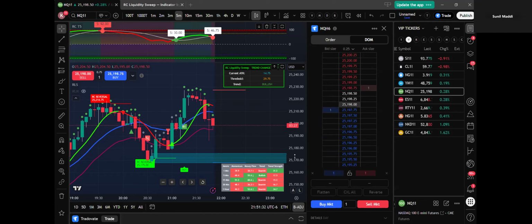For CL, I set the buy at 59.73. It almost came till 70 and went back. If you wait for some more time and book profits, then there won't be any problem.